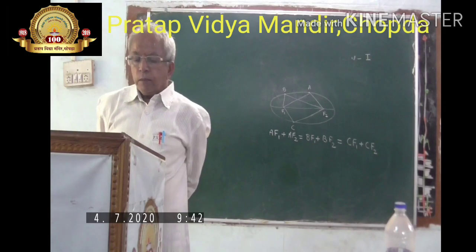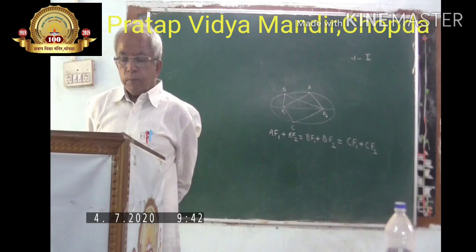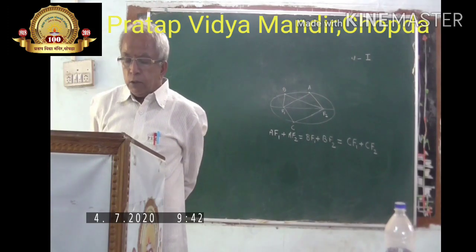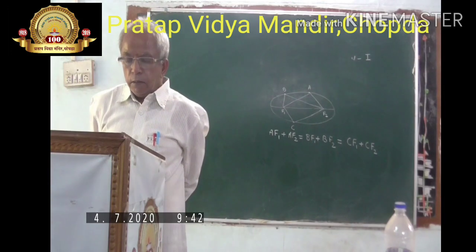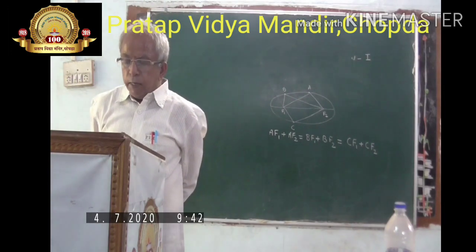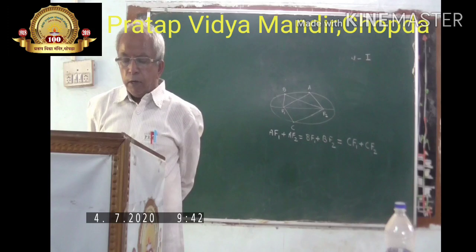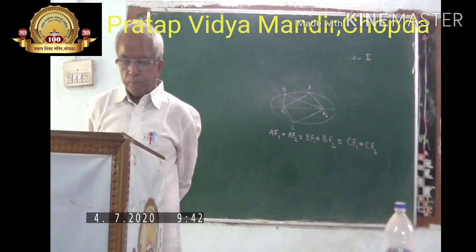According to second law of Kepler, the line joining the planet and the sun sweeps equal areas in equal intervals of time.